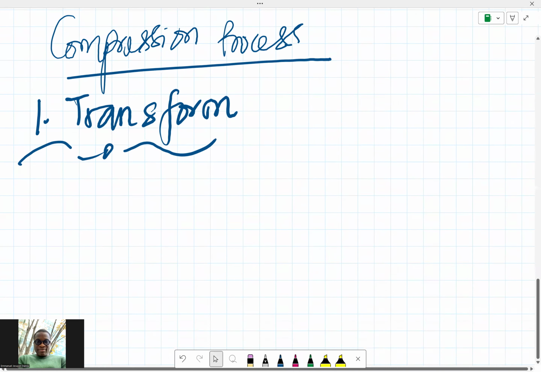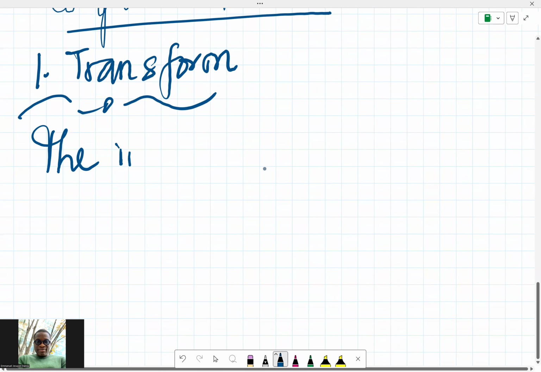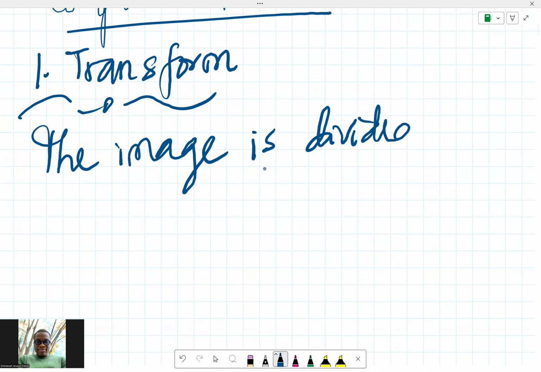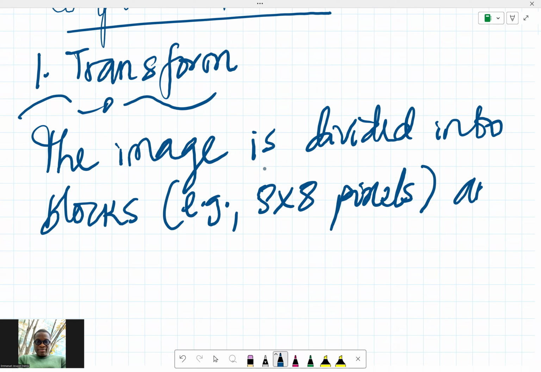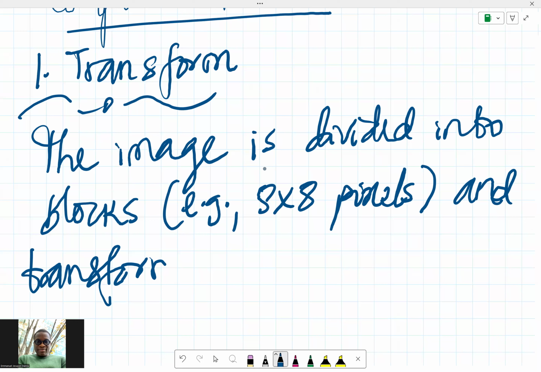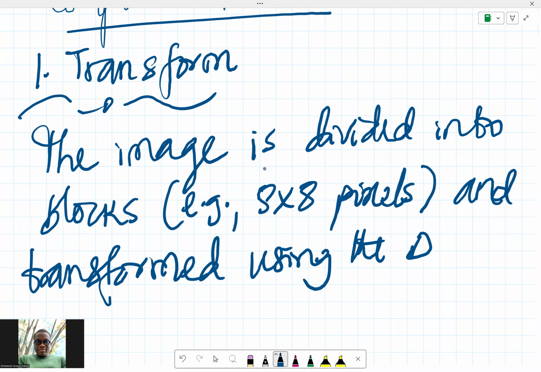You have the image, the image is divided into blocks, e.g., 8 by 8 pixels, and transformed using the discrete cosine transform.